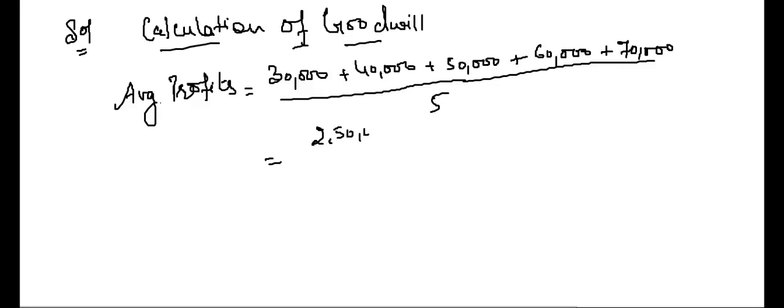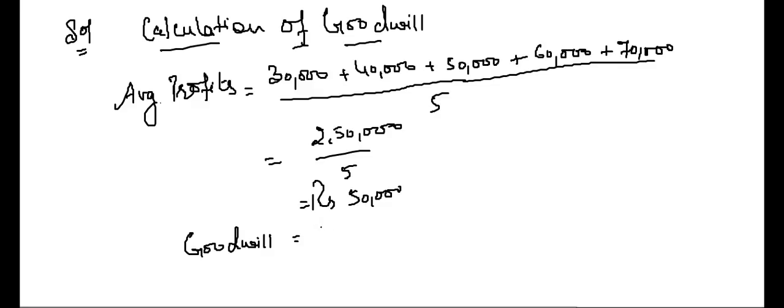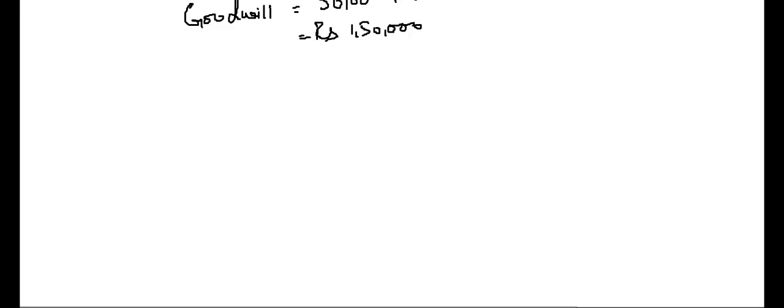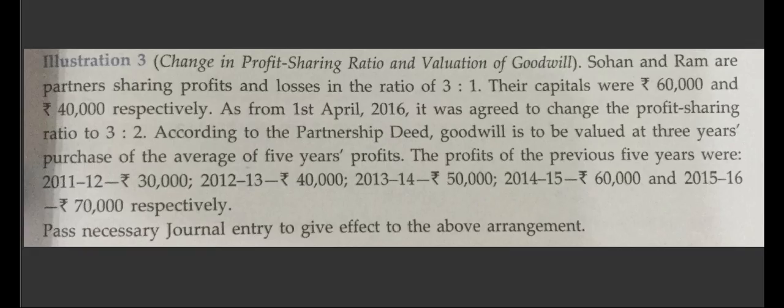This comes to 2,50,000 divided by 5. So the average profits are rupees 50,000. Now, what will be goodwill? Goodwill is average profits into number of years purchase, 3. So goodwill comes to rupees 1,50,000.